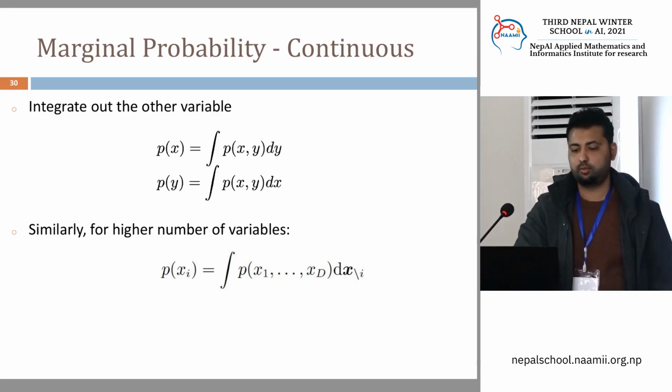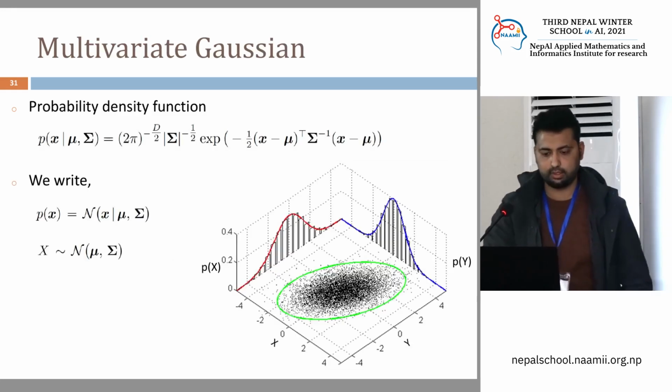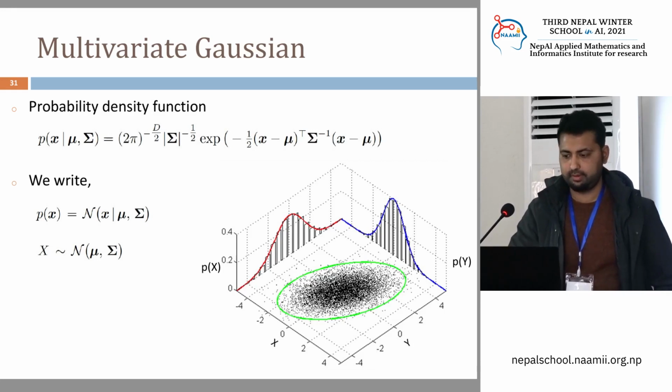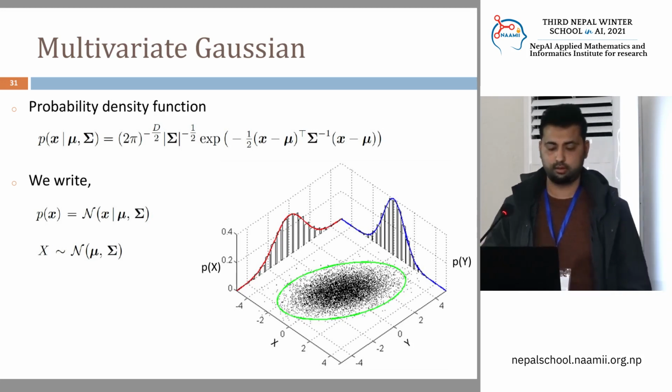Because you want a marginal distribution of x1. So you just leave x1, and then you integrate out everything else. So this would look like the integral of p of x1, x2, x3, x4, up to xd, with respect to x2, x3, x4, x5, up to xd. So you just leave x1 out.